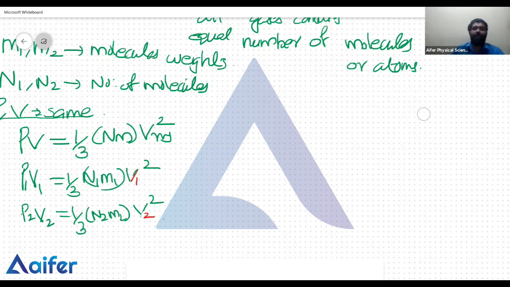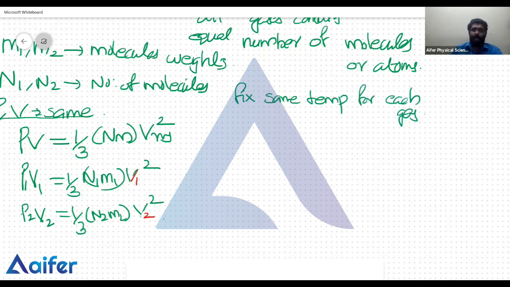So V1 and V2 will come, where V1 and V2 are the RMS speeds of the molecules of gases 1 and 2. Now we are fixing the same temperature for each gas.